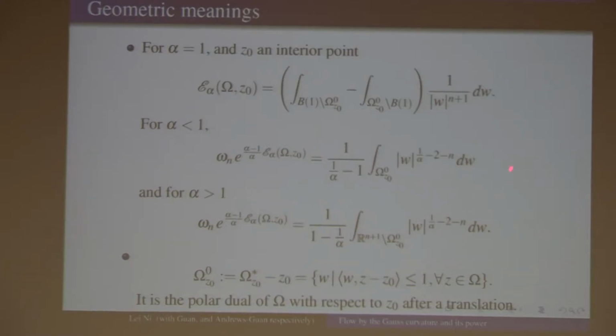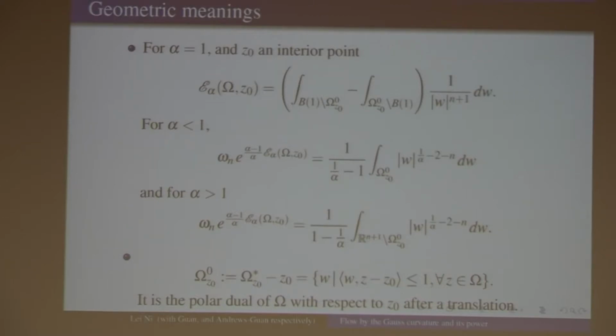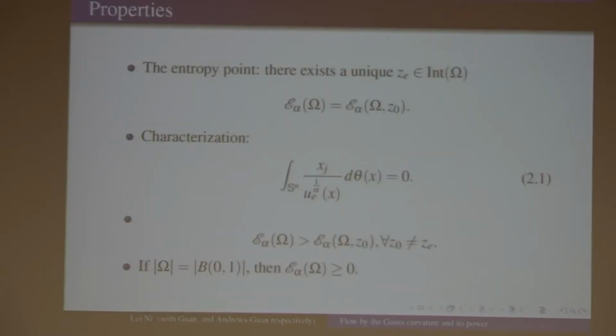But here we weight with this singular weight. These geometrical ways of looking at things have some uses, because otherwise you don't know why you consider this kind of quantity. It has some geometric origins.